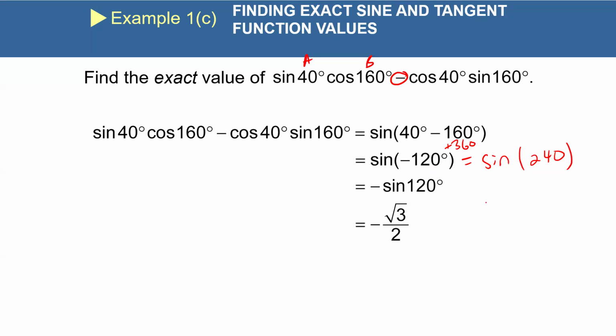I feel like if you find the coterminal every single time and just go from there, it's still going to lead you here. If we go to 240 on our unit circle, what is its sine, its y value? Negative square root 3 over 2. And is that what we get? Okay. So do we see how going backwards, they give us the expanded identity, we condense it, find the value.